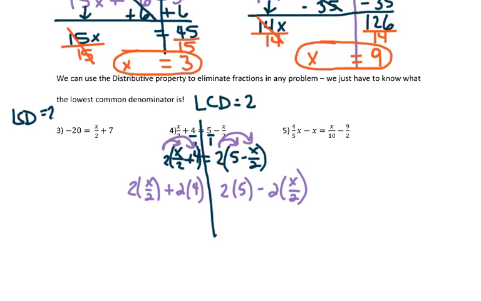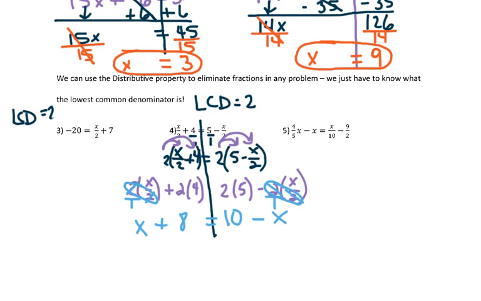Alright, now it's time to look for cross-canceling. So here we have 2 over 2, which cancels, and we're left with x. Here we have 2 times 4, which is 8. On the right-hand side, we have 2 times 5, which is 10. And then here, I'm going to put that 2 over 1. Look at the diagonals. Those cancel. So I have minus x.